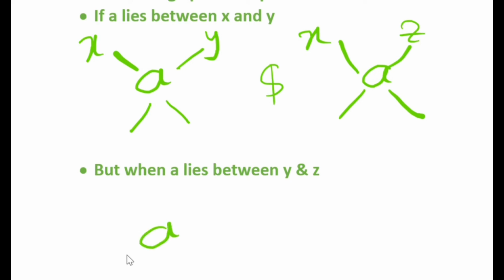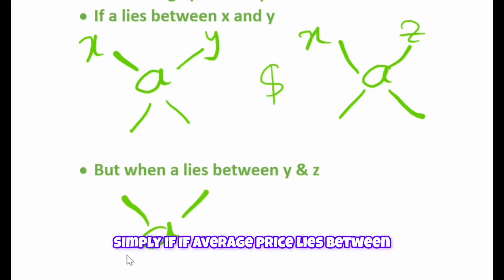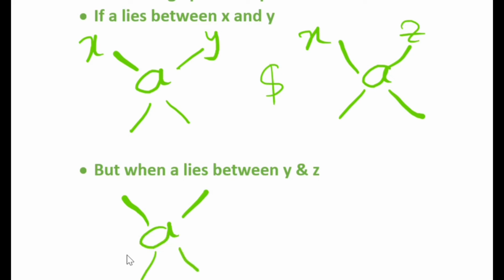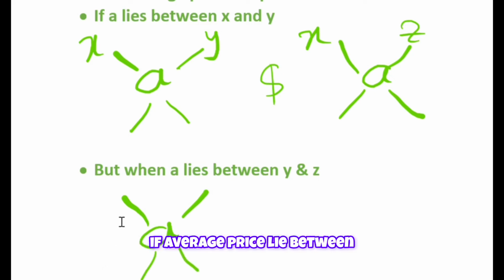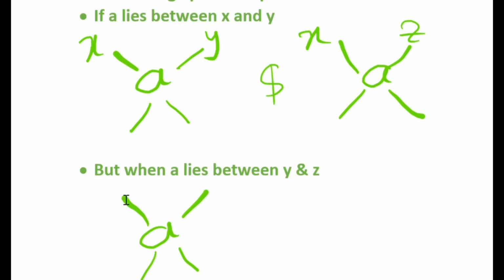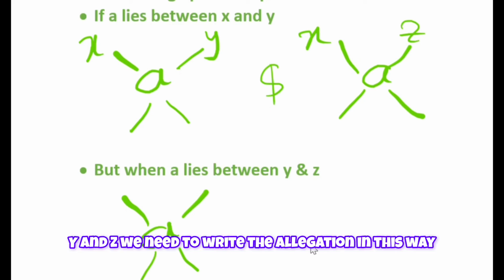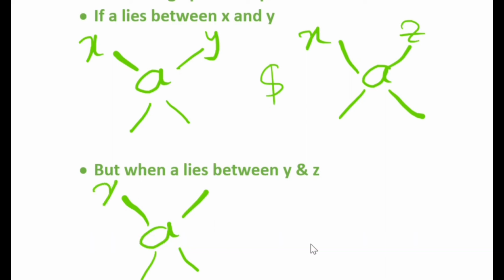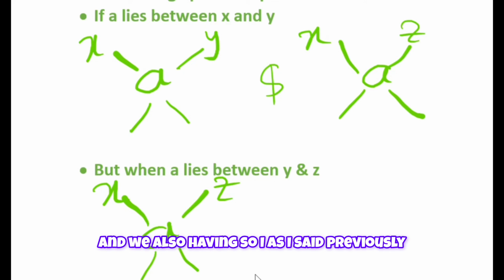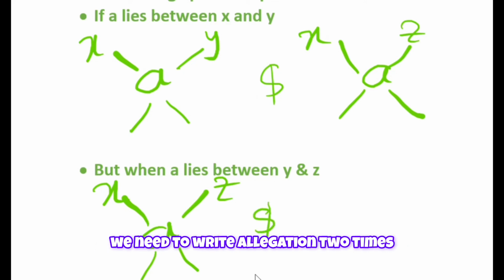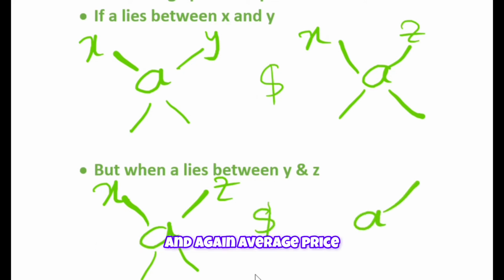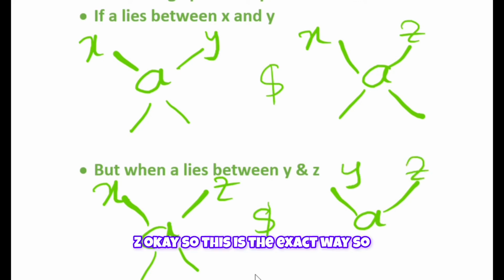If the average price lies between y and z, we need to write the alligation in this way: x, z. And as I said previously, we need to write alligation two times, and again the average price, and the alligation is y, z. So this is the exact way.